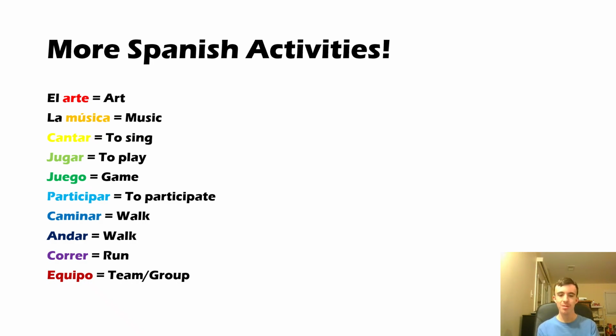This is probably where musical terms will also come into play, because when something is played, like a musical composition, at an andante pace, that means it's played slowly, like if you were walking. Then correr means to run, like basically a corral. Then equipo means team or group. So think of yourself as being equipped by other friends and whoever else is in a group.